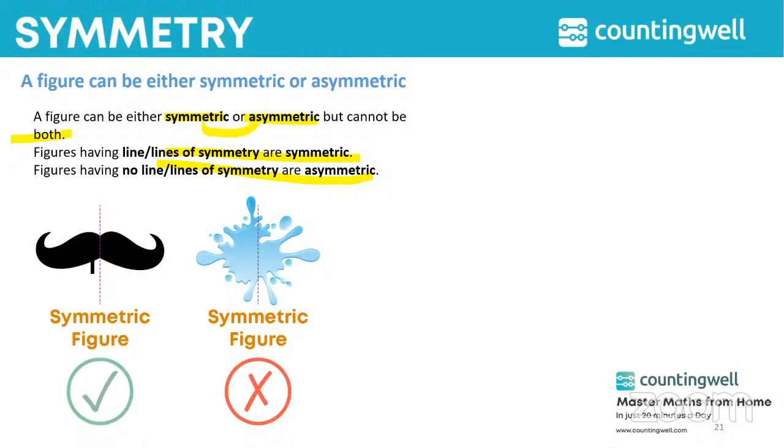So here you can see the shape is symmetric because if you fold this figure along the dotted line, we'll get overlapping parts, and that overlapping will be exactly the correct overlap. Whereas this figure is asymmetric because we cannot find a dotted line which divides the figure into two equal shapes overlapping each other once we fold the figure along the line.